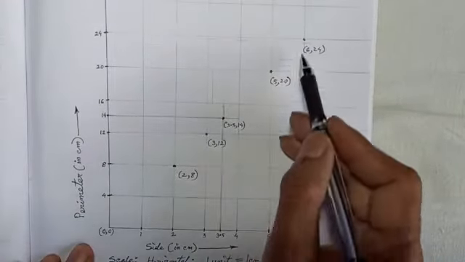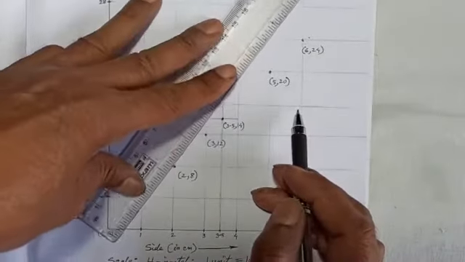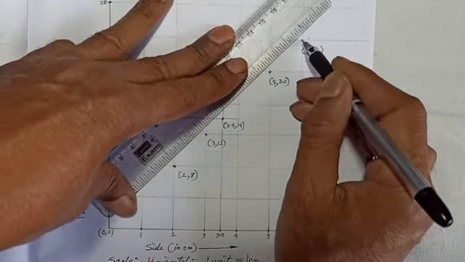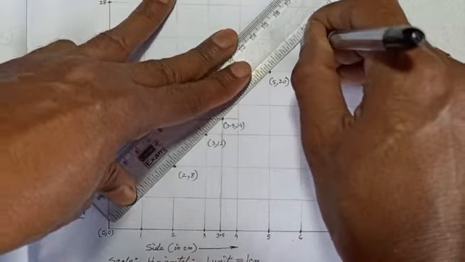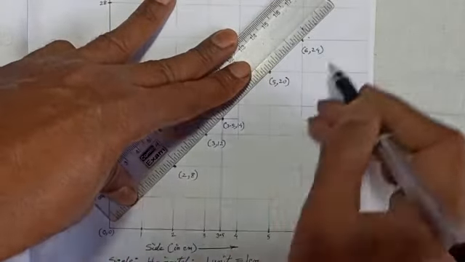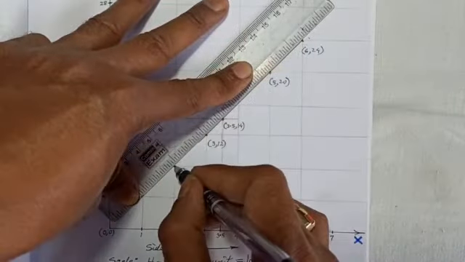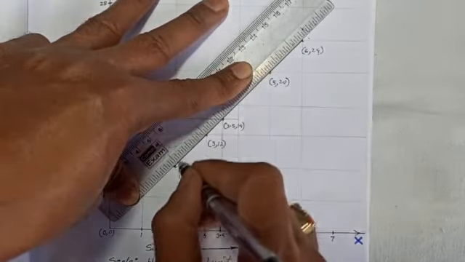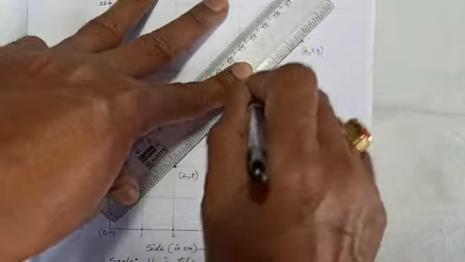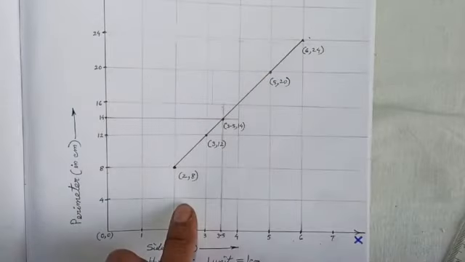Now let us join these points. So after joining these points, we are getting this line.